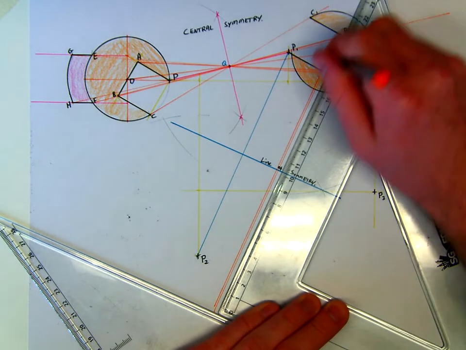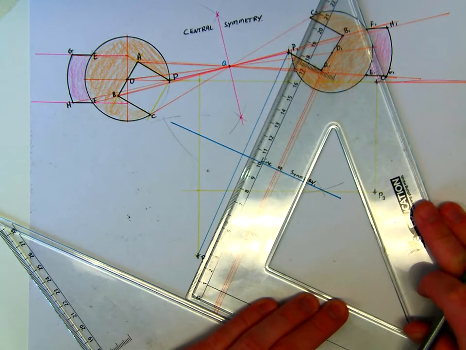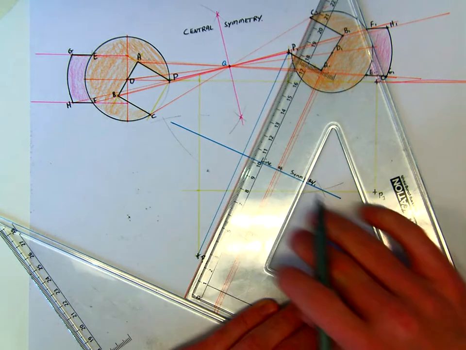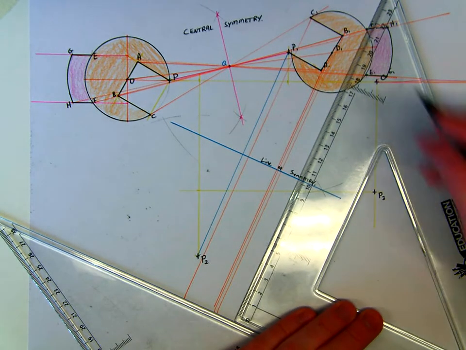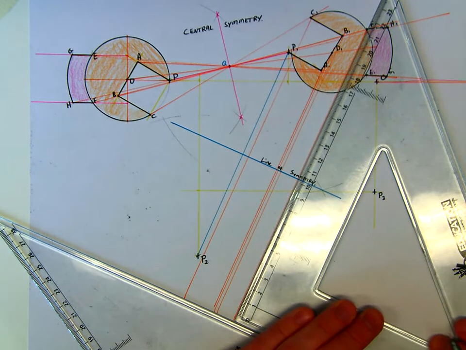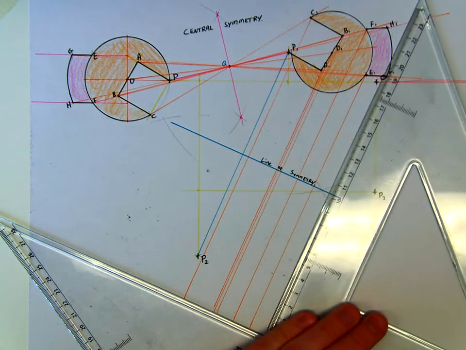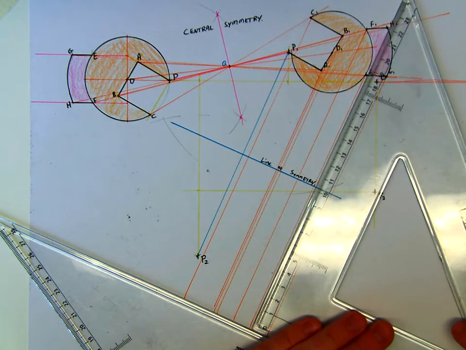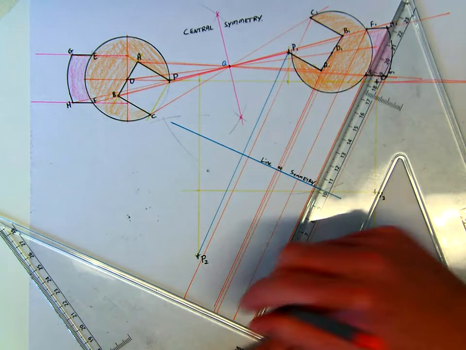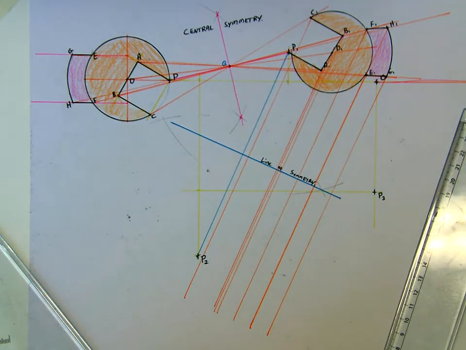So constantly moving my set square over to each one, and I'm bringing them all perpendicular down through the line of symmetry. So now I've brought them all perpendicularly through the line of symmetry.